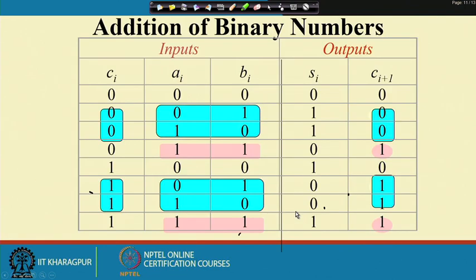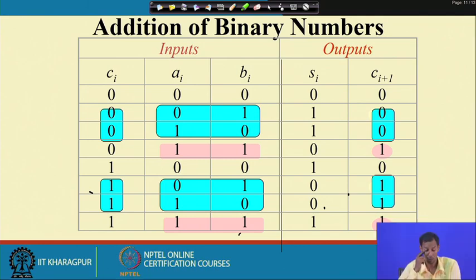So, now again come back to the truth table of the full adder. Here you see, for 0 1 and 1 0 of inputs A and B, whenever the carry bit is 0, at that time the carry output bit is 0, only the sum is 1.